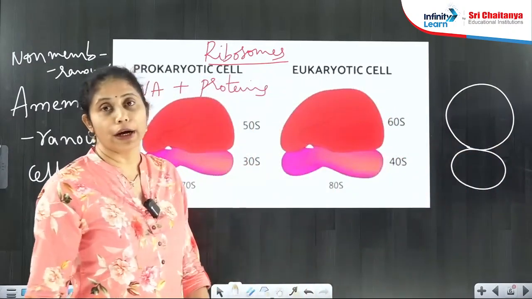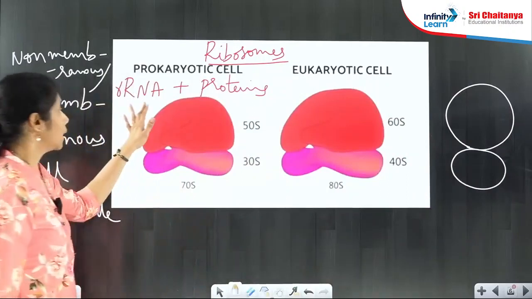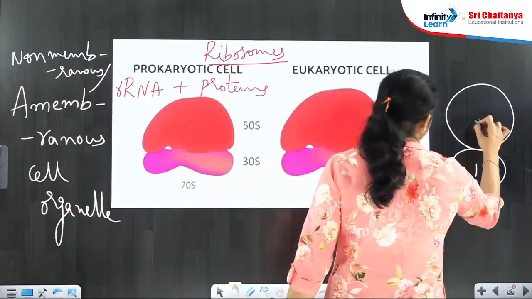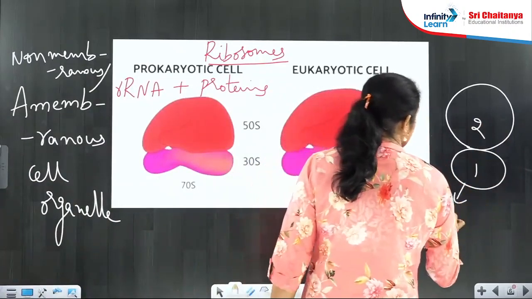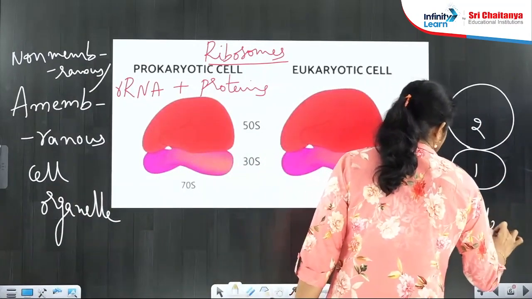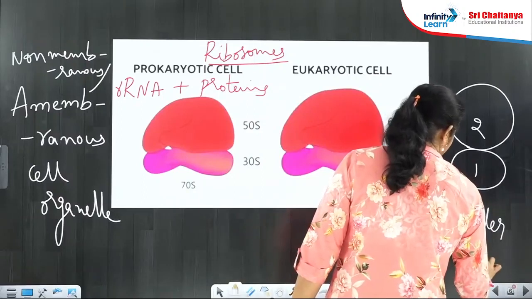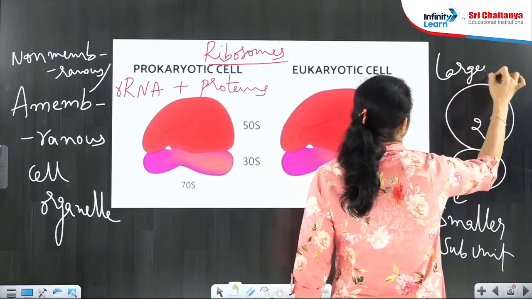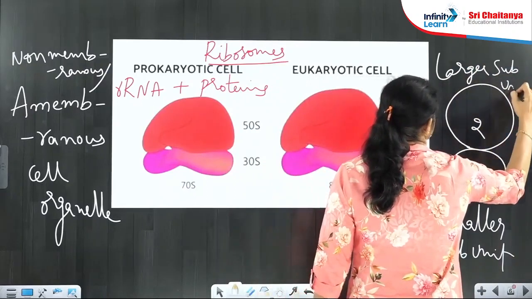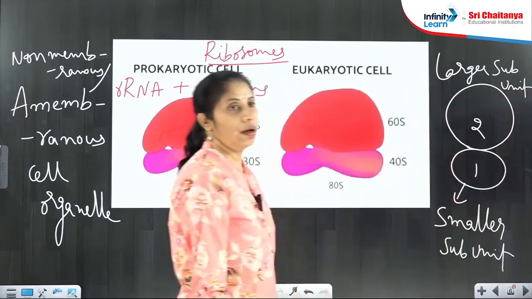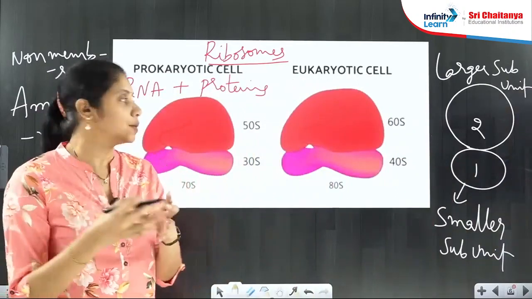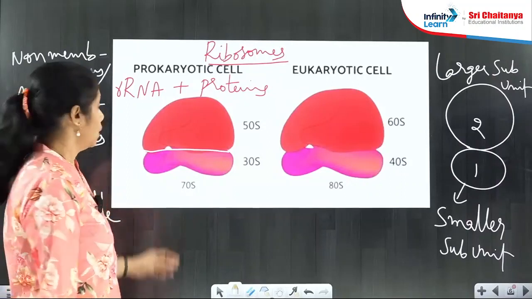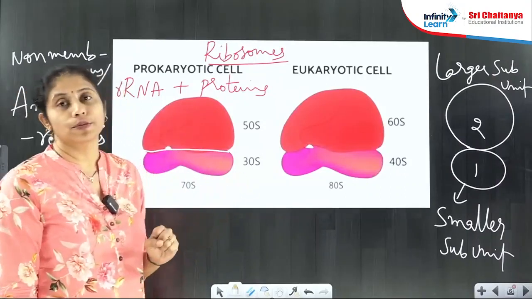Ribosomes are made up of basically rRNA and proteins, and they contain 2 subunits. This looks small, so it is called the smaller subunit. This is larger, so it is called the larger subunit. Both the larger subunit and smaller subunit join exactly in the middle and form a complete ribosome structure.